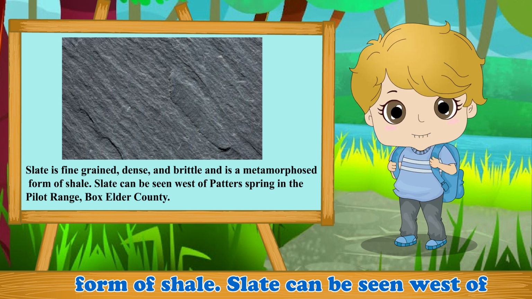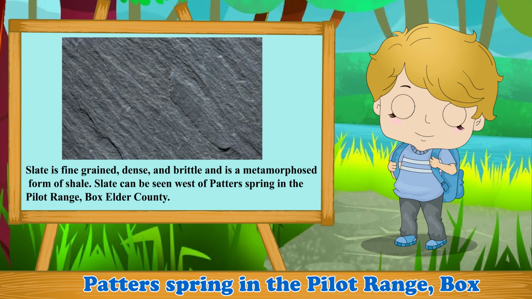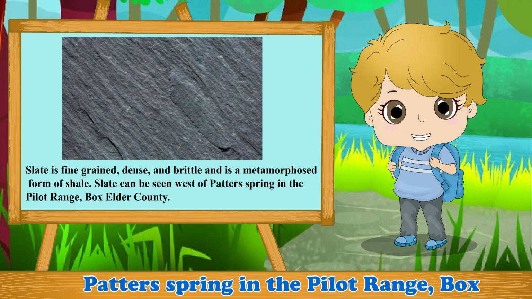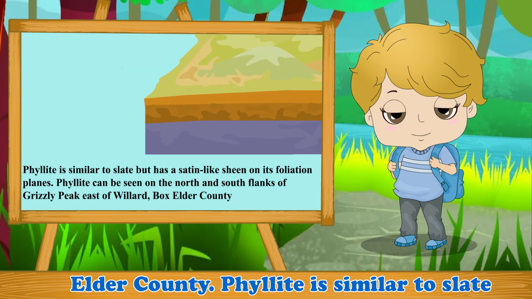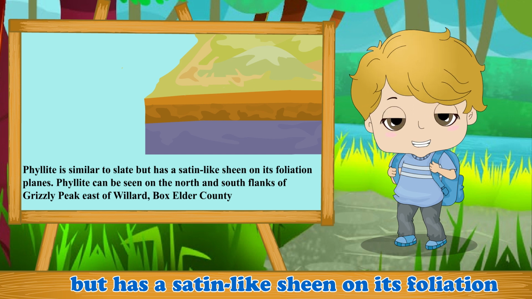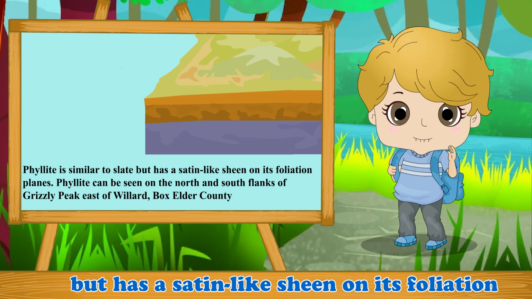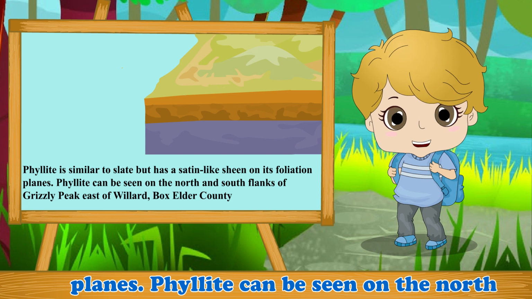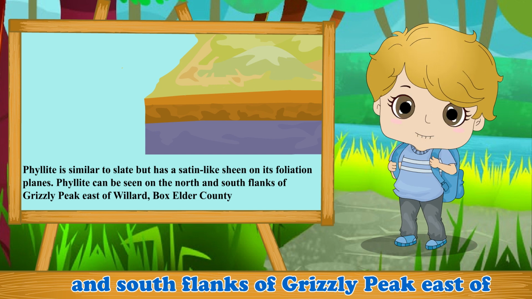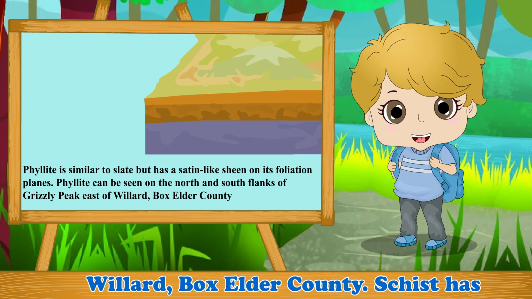Slate can be seen west of Patterson Spring in the Pilot Range, Box Elder County. Phyllite. Phyllite is similar to slate but has a satin-like sheen on its foliation planes. Phyllite can be seen on the north and south flanks of Grizzly Peak east of Willard, Box Elder County.